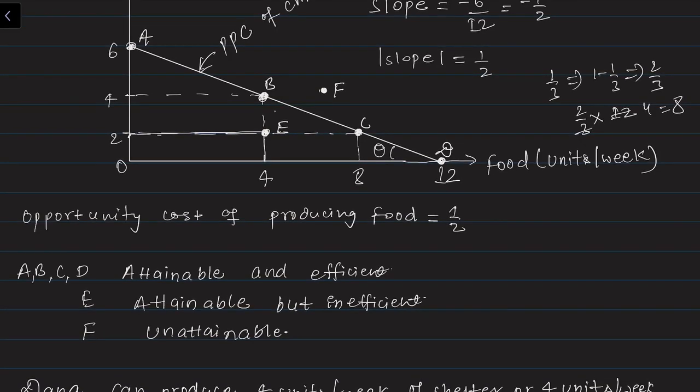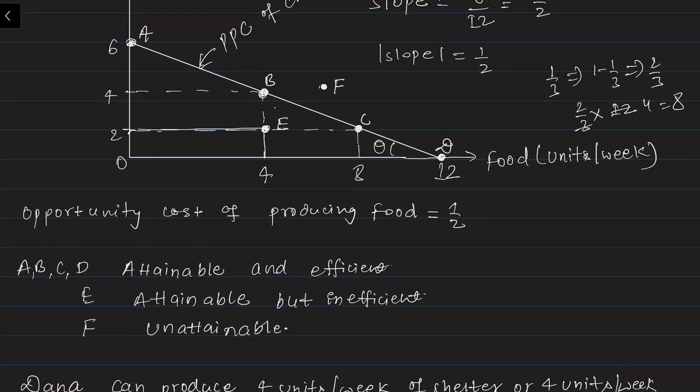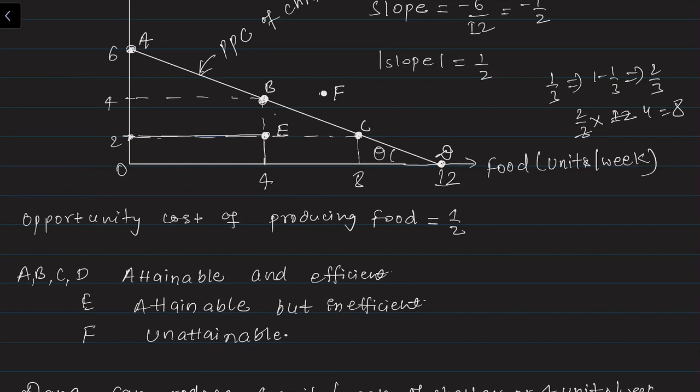And we can also see this through the calculation. So to produce 2 units of shelter, the time he will take is 1/3, right? And the remaining time will be 2/3. Within this time he will produce 8 units of food, but in this case he is only producing 4 units of food. So certainly there will be some wastage of time.